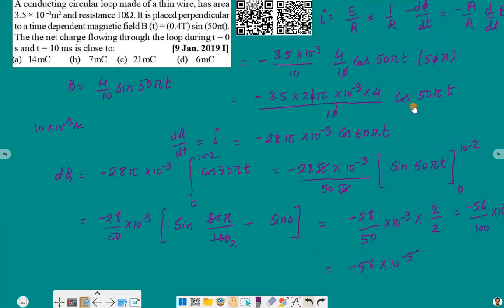So I found the mistake. The mistake I made here: 5 into 4 was 20, but I again also added 4 here. So this 4 should not be here. It means I have to divide the whole expression by 4, so I have to remove 4 from here. So this will be 7, 7 pi, again 7 pi here, 7 pi here, and 7 and 7 and 7 here.